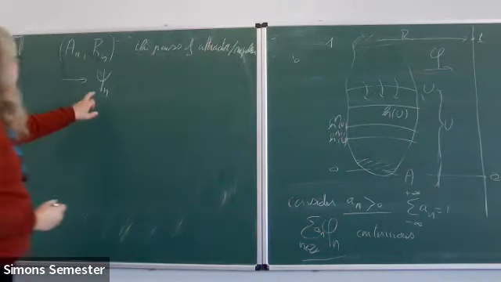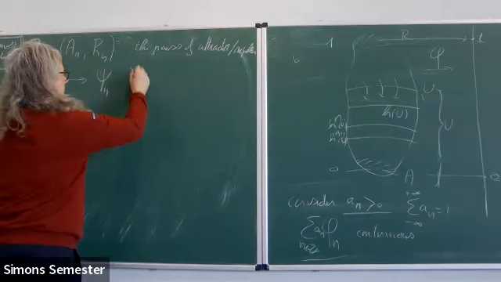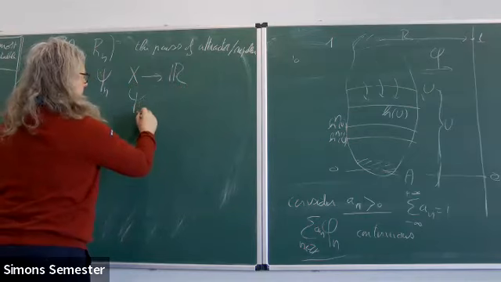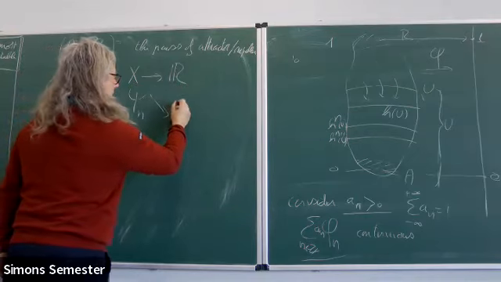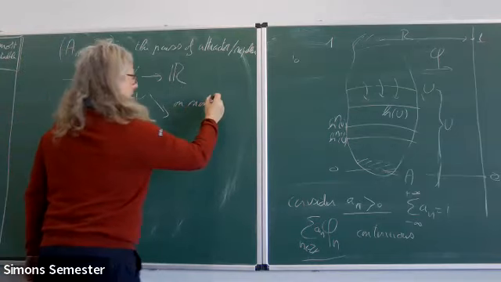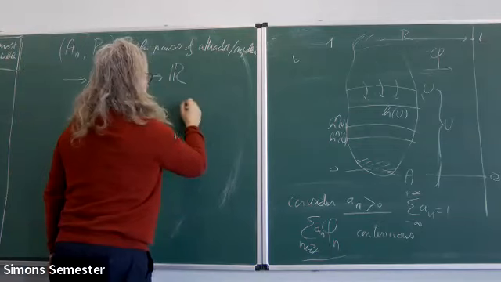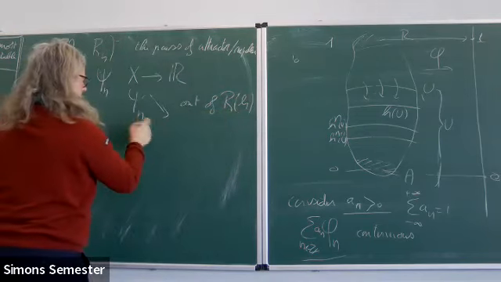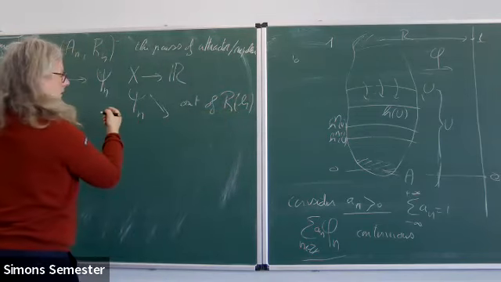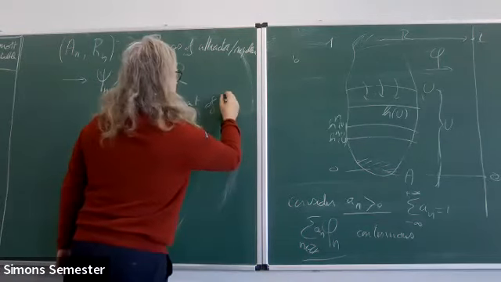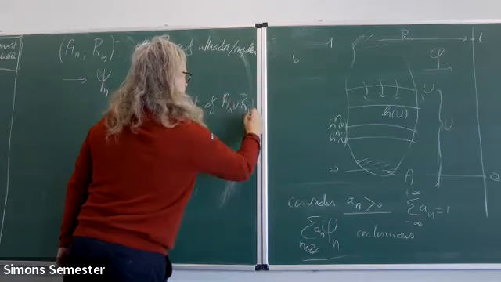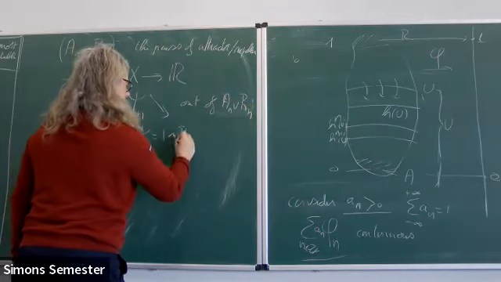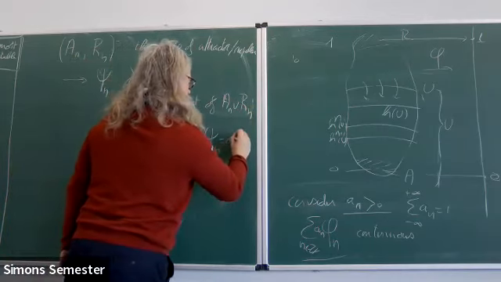So let's put some psi n from H to R. So psi n decreases strictly on non-chain recurrent points out of An union Rn, and is equal to 1 on Rn, and psi n is equal to 0 on An.